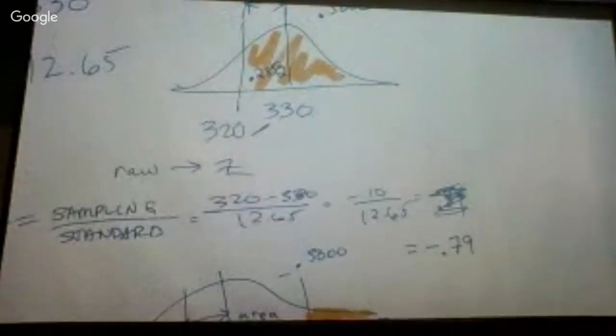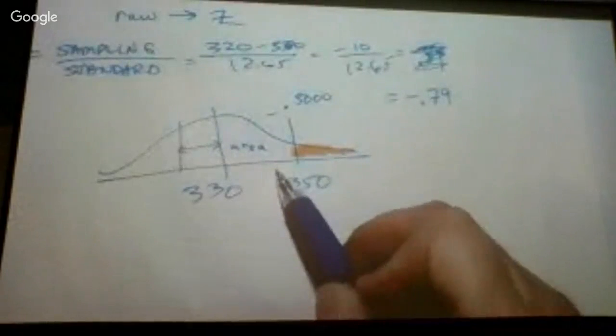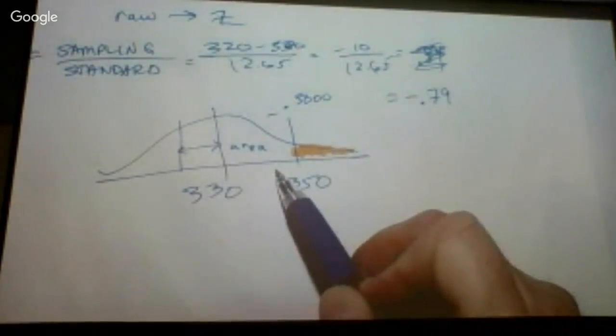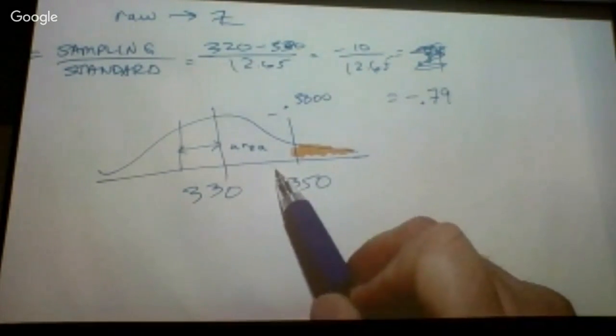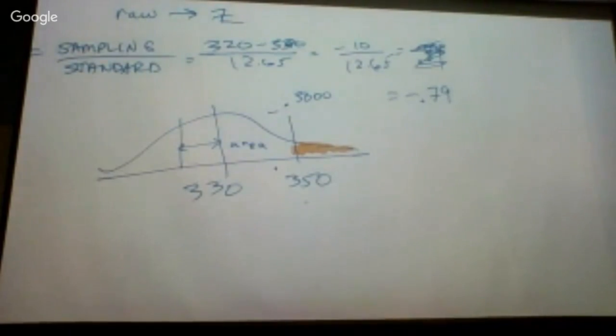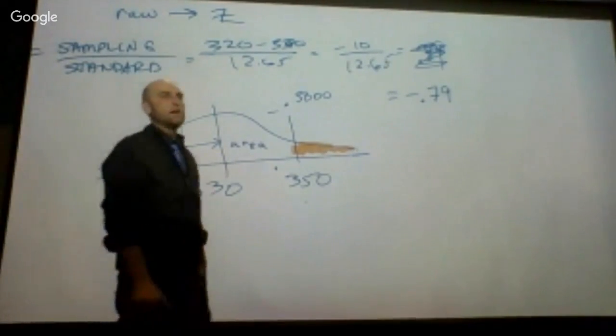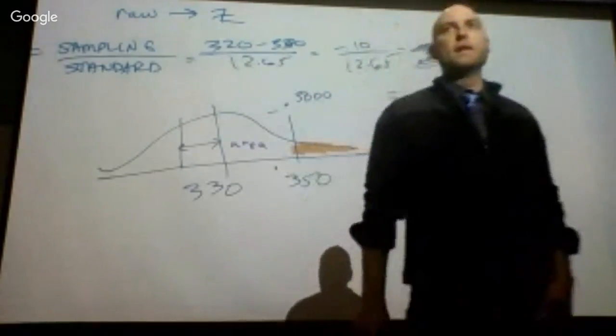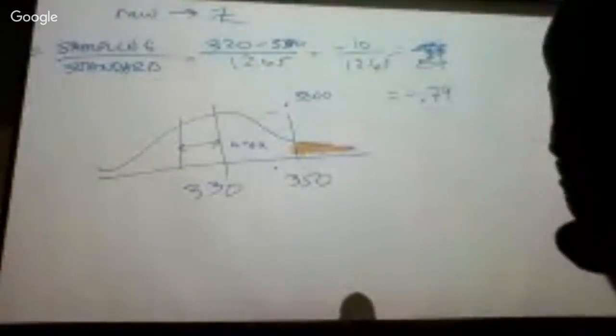My sampling error in the previous one was negative 10. What's my sampling error in this one? I was negative 10 before, now what? 20. Compare 20 and 10. 20 is twice as much as 10.